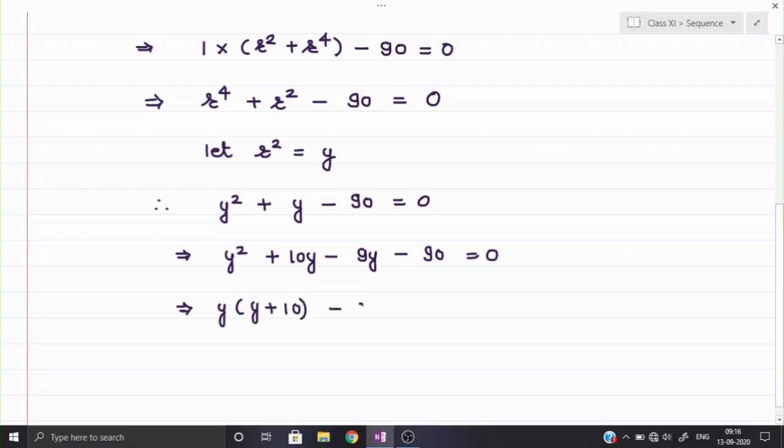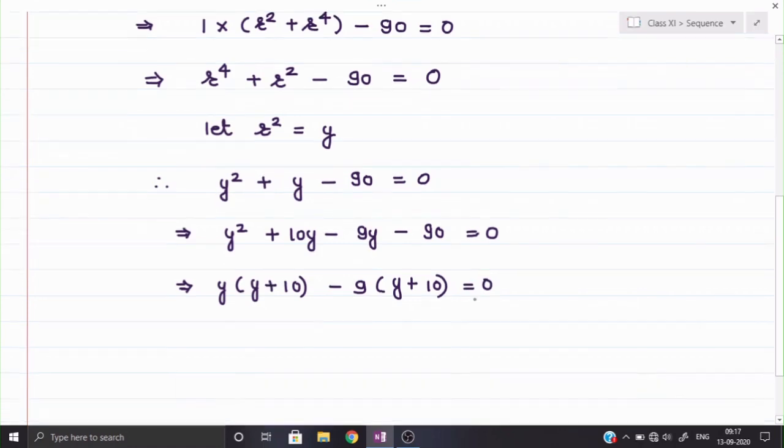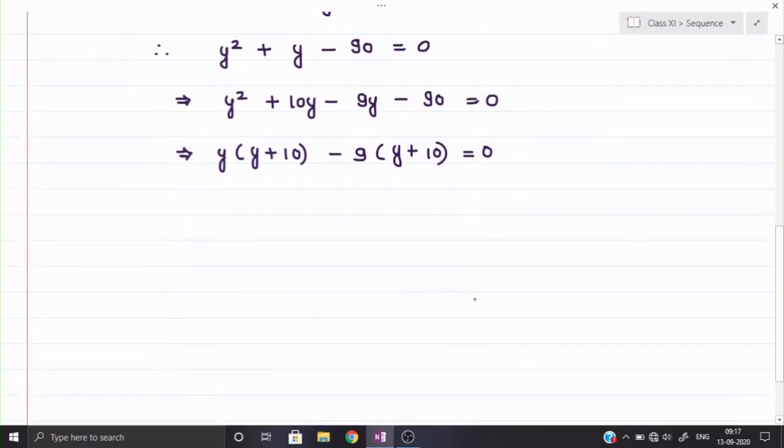From the last two terms we can take minus 9 common, and the remaining will again be y plus 10. Now y plus 10 is common completely, so the remaining will be y minus 9 is equal to 0.